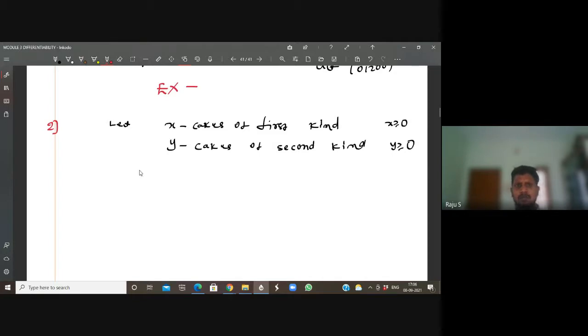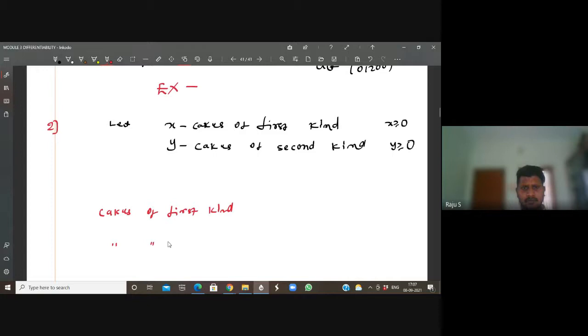Okay, so I'm going to take the given information as follows, like a table. With the help of a table, I'm going to write. The given information can be combined in the table: cakes of first kind, next, cakes of second kind.